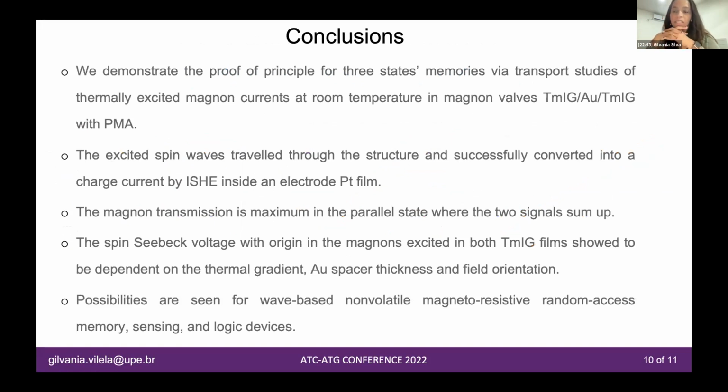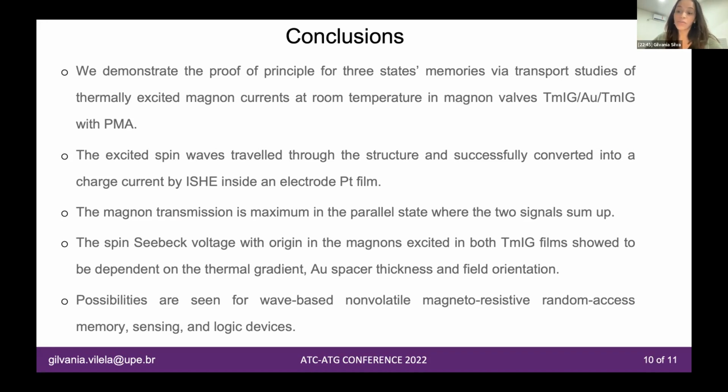Anyway, for my conclusions: first, we were able to fabricate and characterize these magnon valves using TIG, a rare earth iron garnet that presents perpendicular magnetic anisotropy. The fabrication process itself is not so simple for creating these tri-layers with PMA, but we did it.